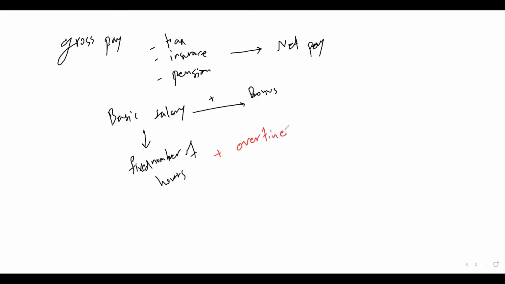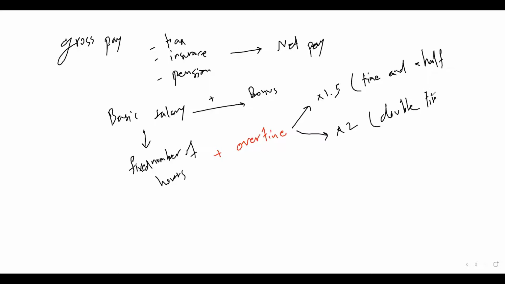And for that, you're not gonna get the same payment. Sometimes you get double, or sometimes you get what we call 1.5 or time and a half. So time and a half means multiplied by 1.5, or double time, it means multiplied by 2. So this is time and a half. So this is double time.